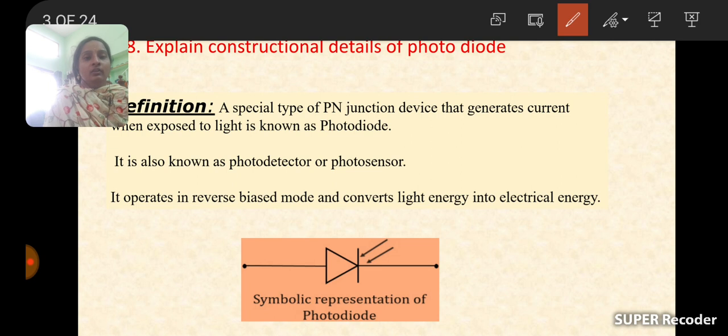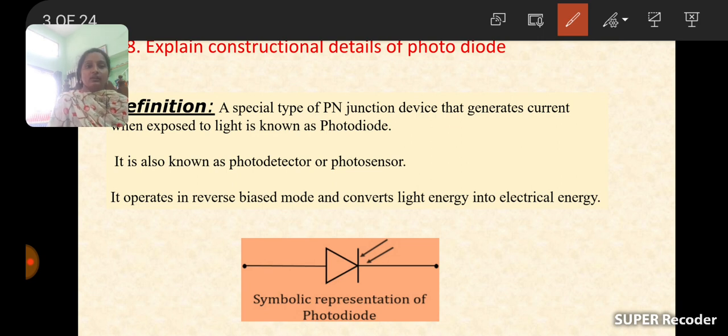Once see this slide, a special type of PN junction device that generates current when exposed to light is known as photodiode. So photodiode means what? It is a device that generates current. When will it generate current? When it is exposed to the light.